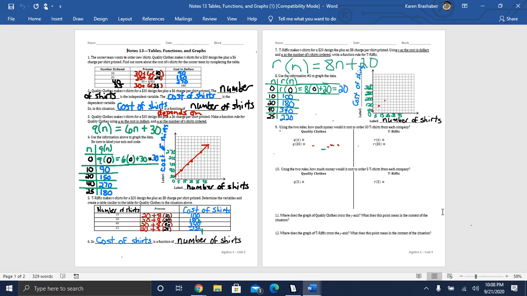At 40, I have 340. So that's going to be on the line in between 320 and 360. So we'll have that. And my last point is at 25 and 220.